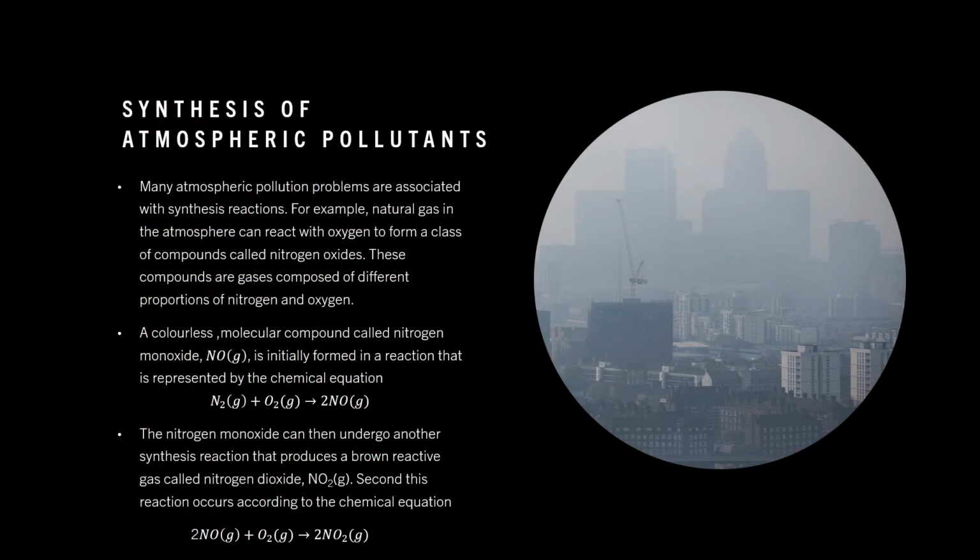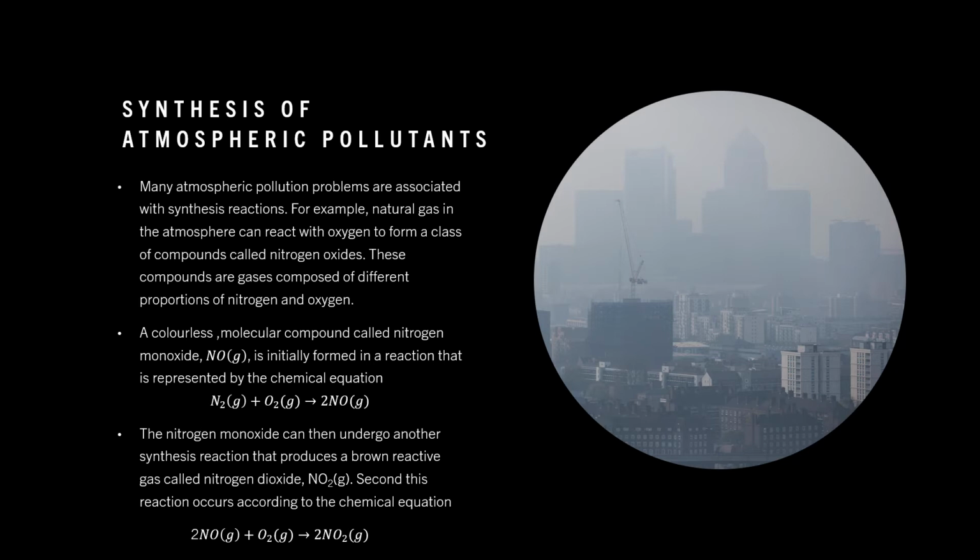Synthesis of atmospheric pollutants. Many atmospheric pollution problems are associated with synthesis reactions. For example, nitrogen in the atmosphere can react with oxygen to form a class of compounds called nitrogen oxides.